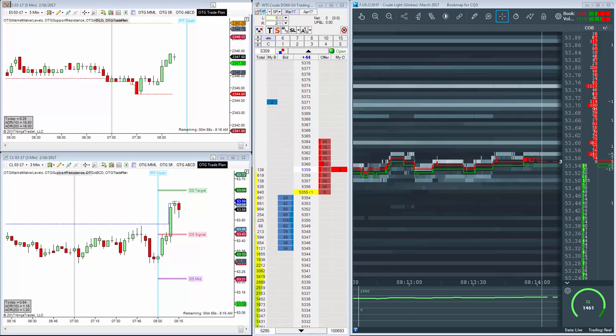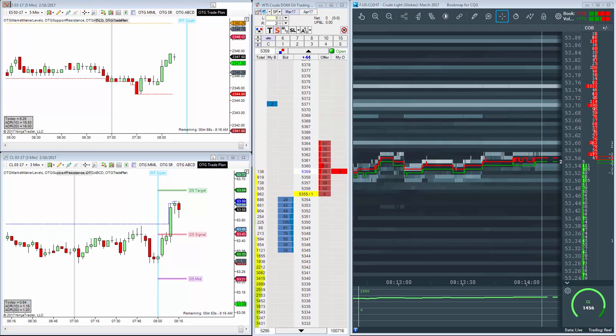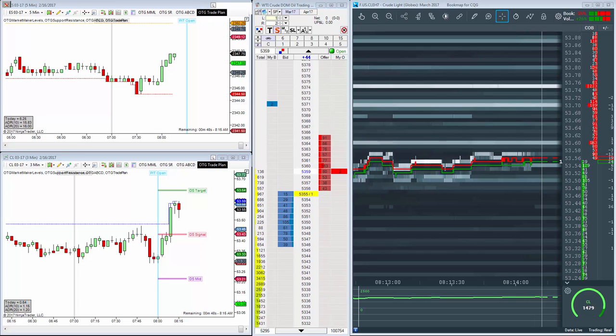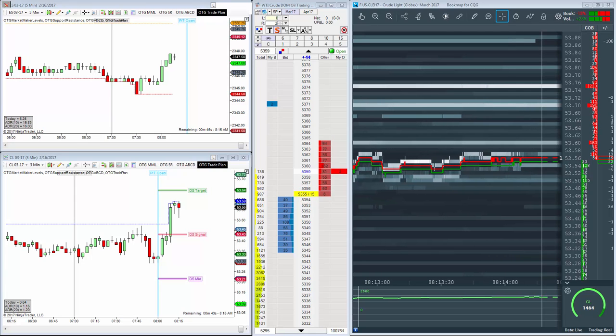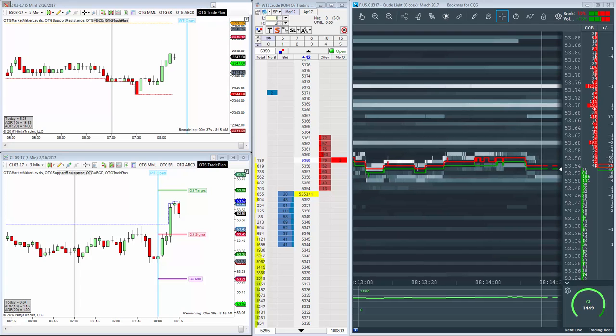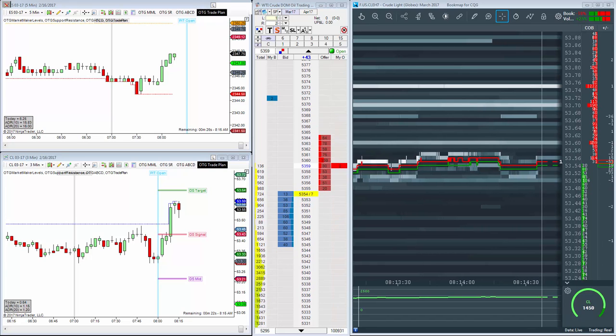So if that was it, I'm not going to chase this down because it's a pretty aggressive move up. Yeah, I'll get you before we head out of here.